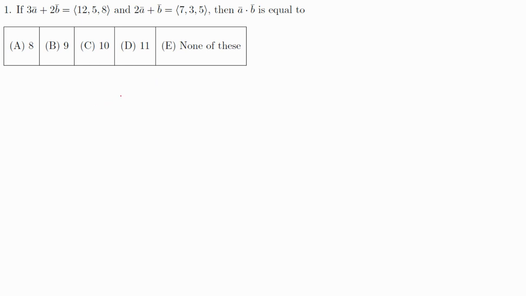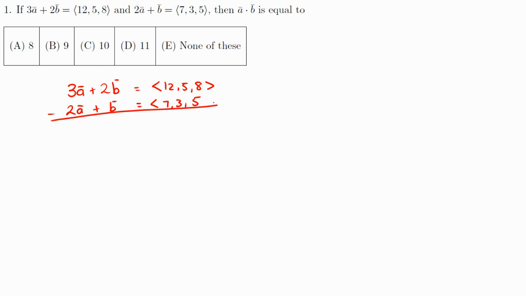There are a lot of methods to use, but I'm just going with something that seems easy at the time. 3A plus B is equal to this vector, and then 2A plus B is equal to 7, 3, and 5.